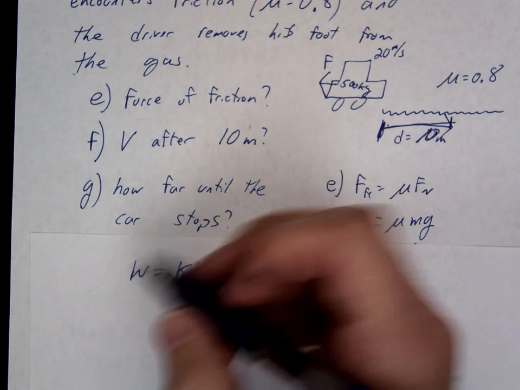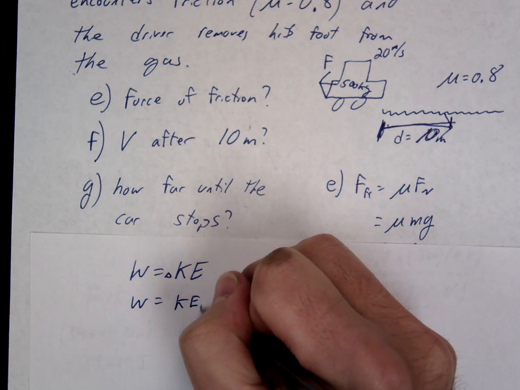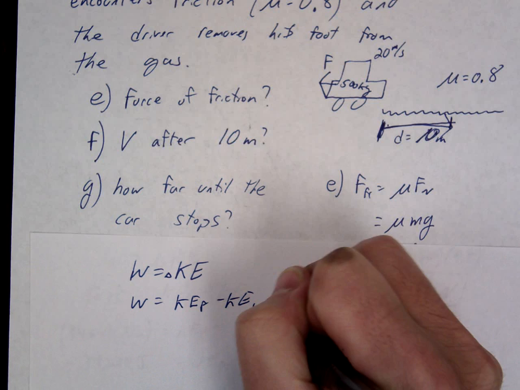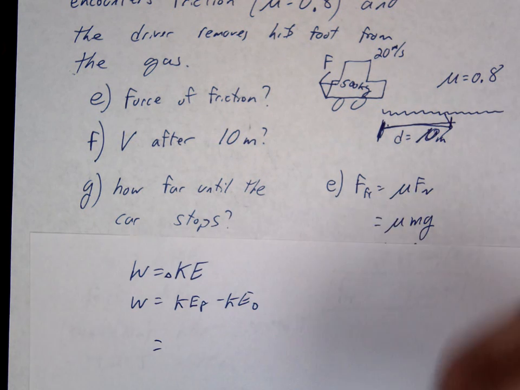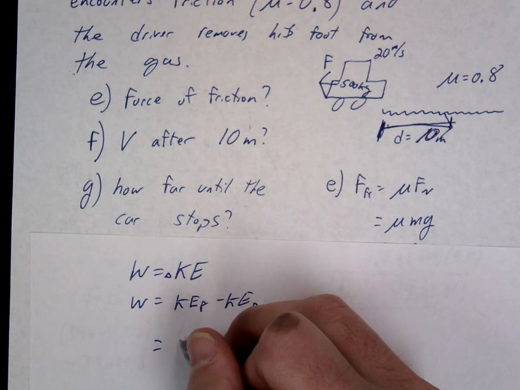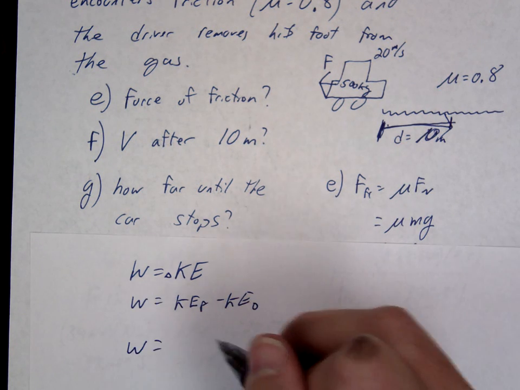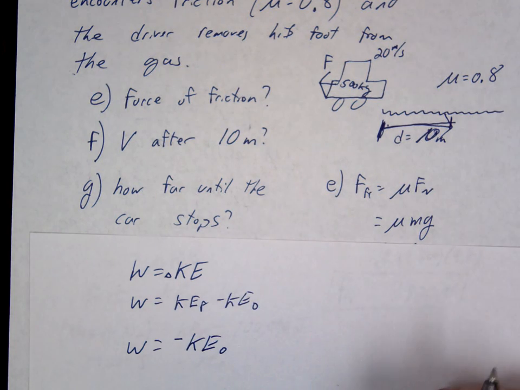And you'll see that as we do the equation, work equals KE final minus KE initial. Well, if our car stops, what's our KE final? 0, right? So you're simply left with work equals negative KE initial. And that's what we just said.